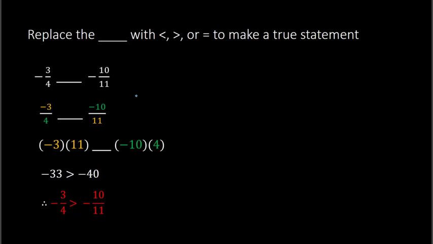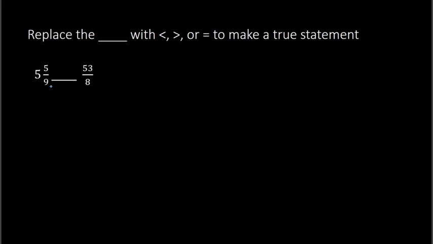And then if it's not written like this, where it's just a regular fraction, for example, if you have a mixed number, make sure you put it as an improper fraction first. So the 5 and 5/9 I can write as an improper fraction. I take 5 times 9 plus this 5, that gives me 50, and then put that over the 9.